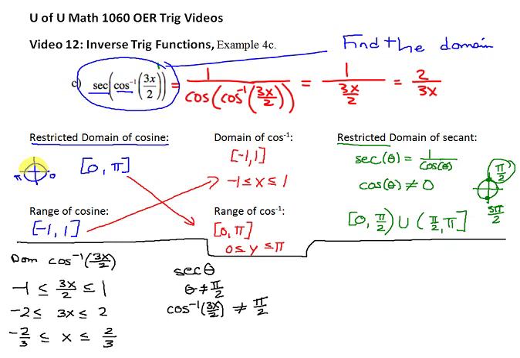So we ask ourselves, where would it equal pi halves? And here we can use the way that we're able to rewrite between inverse functions and their corresponding functions. I know that this statement is equivalent to my input, 3x over 2, becoming the output of cosine of pi halves.